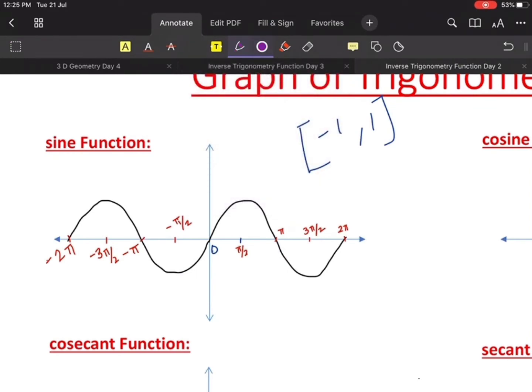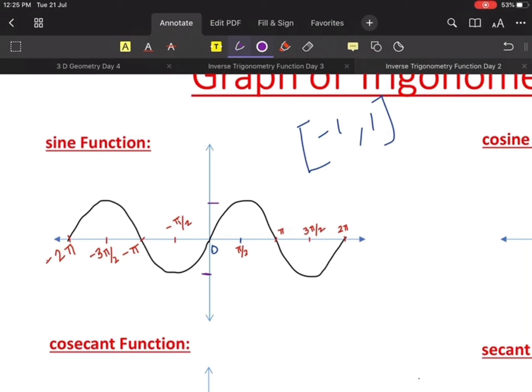Since it is closer to the origin, the portion where we will cut is such that you see the maximum value is 1 there and the minimum value is downside of y. So we have to have all the values within minus 1 to 1, where minus 1 and 1 are included because it's a closed bracket. So minus 1 and 1 have to be included if I have to cut the portion.